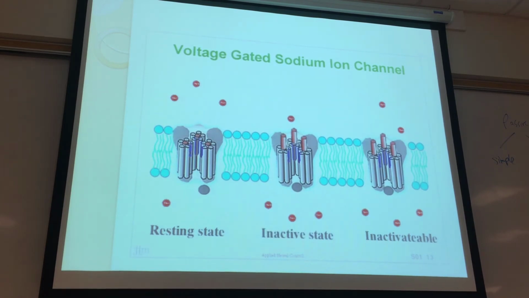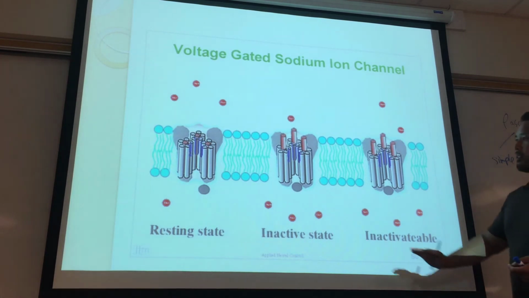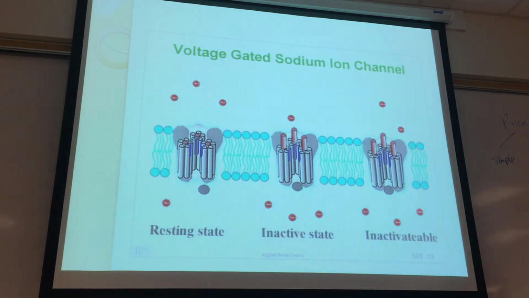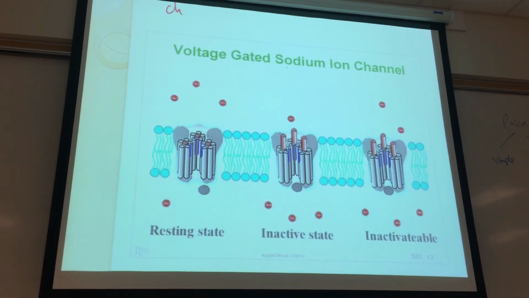We're going to talk about the changes in the voltage across that phospholipid membrane. These voltage-gated sodium ion channels require the differences in charges that allow them to open up.